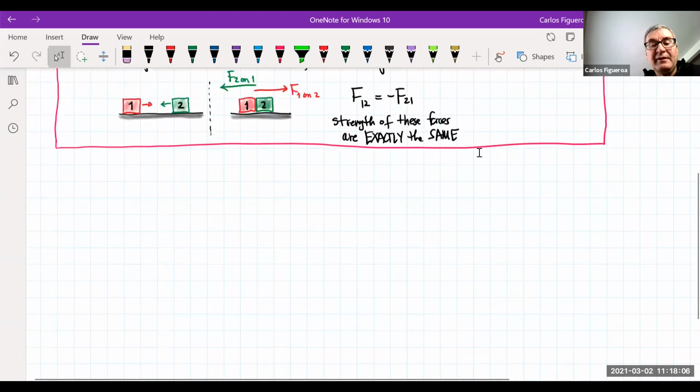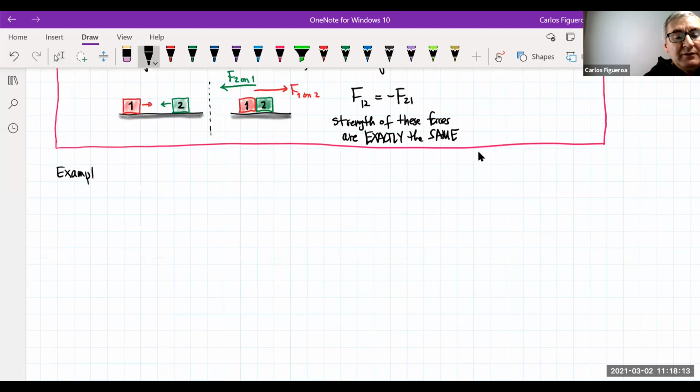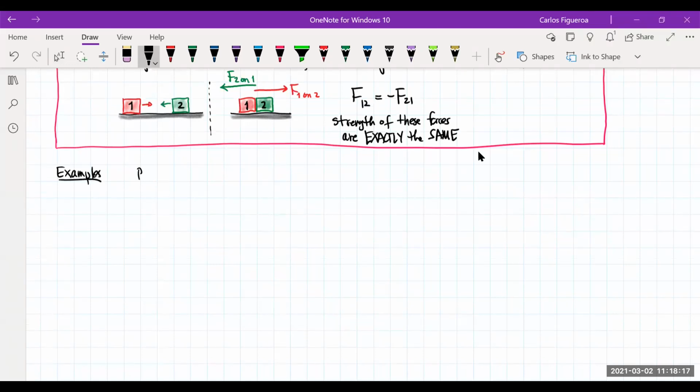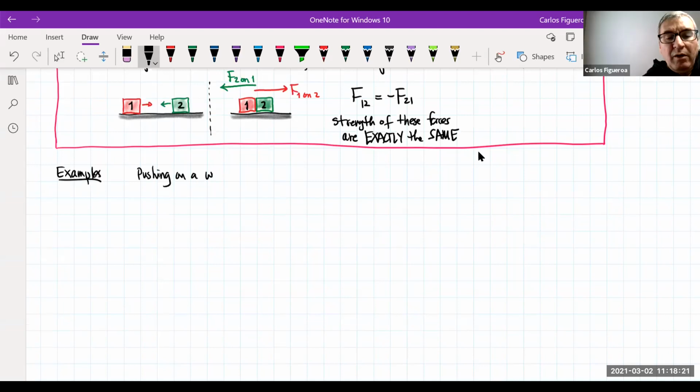The way I'm going to try to look at this is by looking at some examples. Let's think of some fairly simple examples. You could imagine pushing on a wall.